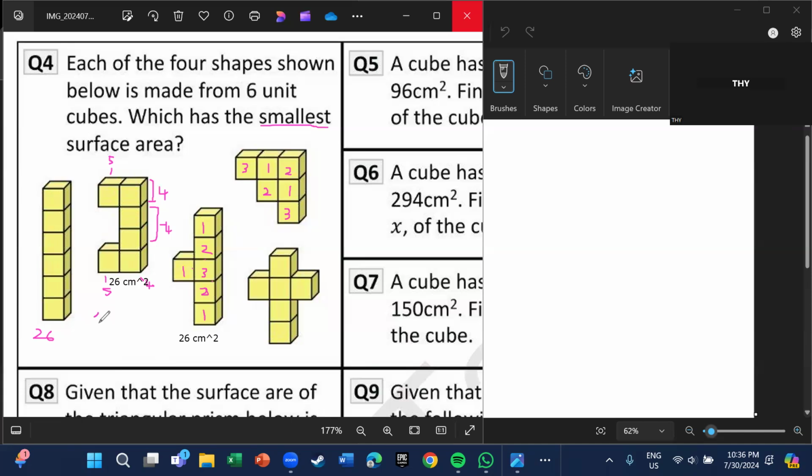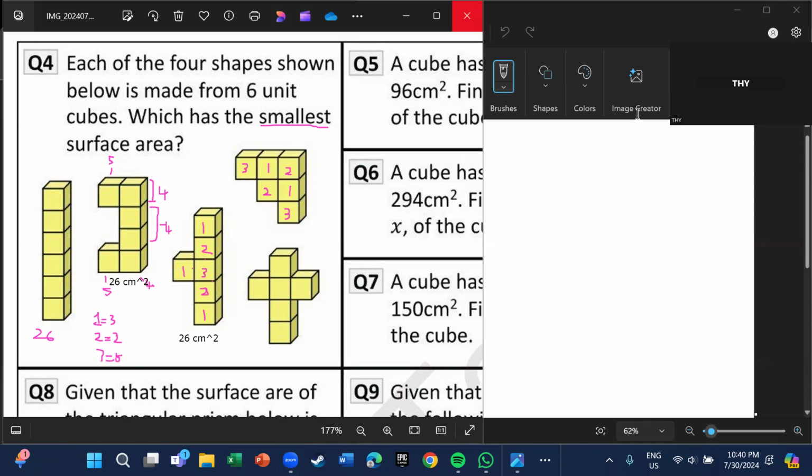So the number 1s will only have 3 sides, correct? Number 2s will have 2 sides. Hold up, a little bit of confusion here. So number 2 would be 6 minus 4, 2 sides, and 6 minus 1 for number 3 equals 5 sides.